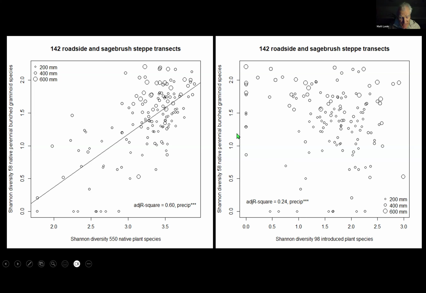The findings I present here can be repeated for all those plant functional groups that I put into the decreaser assemblage. But the important point here is that overall results are not as strong when native perennial grasses are on the y-axis instead of native perennial bunch grasses.